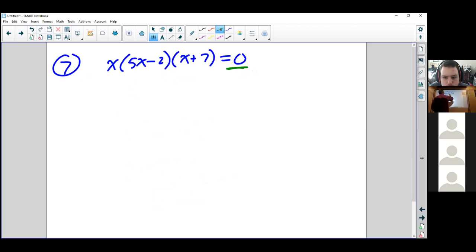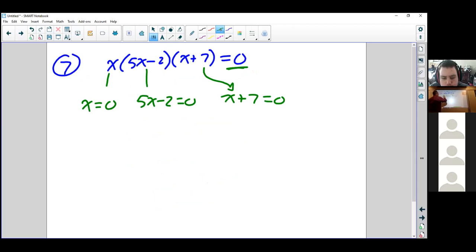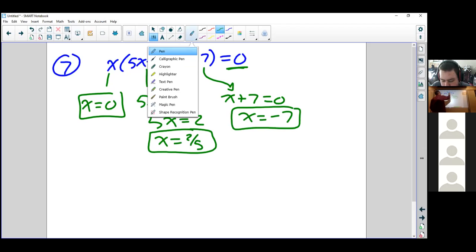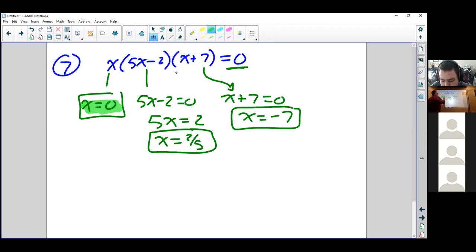Now, being it's equal to 0, that means I can take each part and set it equal to 0. And solve. So this one is solved. This one becomes add 2, divide by 5. And then this one subtract 7. So the boxed in highlighted answers are the answers for that problem.